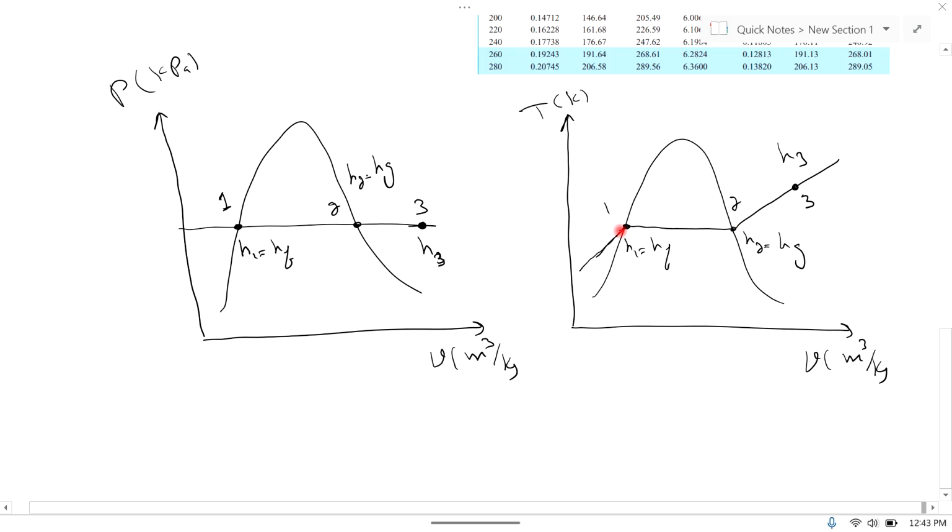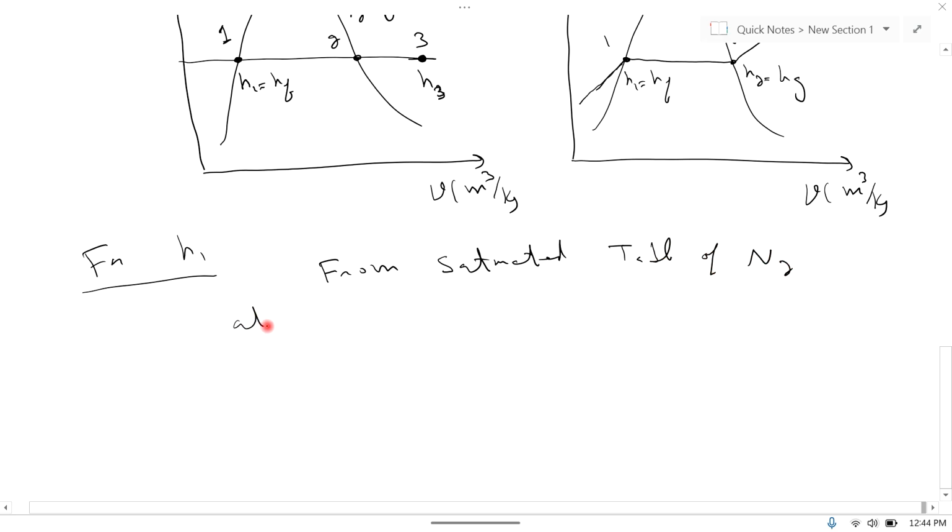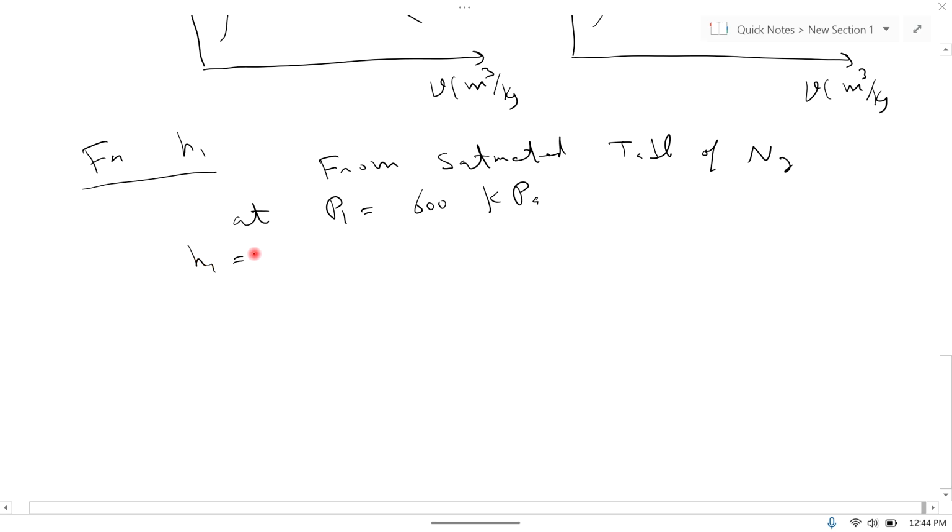H1 is equal to Hf, so we will find this from the saturated table of nitrogen. For H1, from the saturated table of nitrogen, pressure P1 is 600 kilopascal. At 600 kilopascal, find H1 equal to Hf.